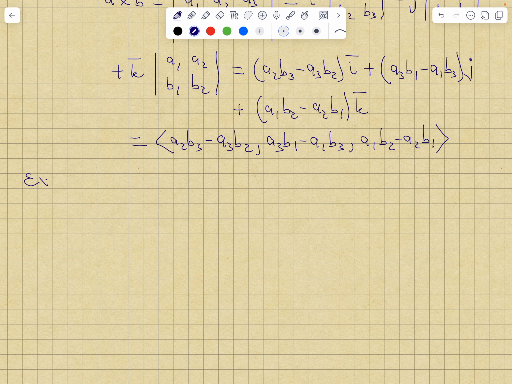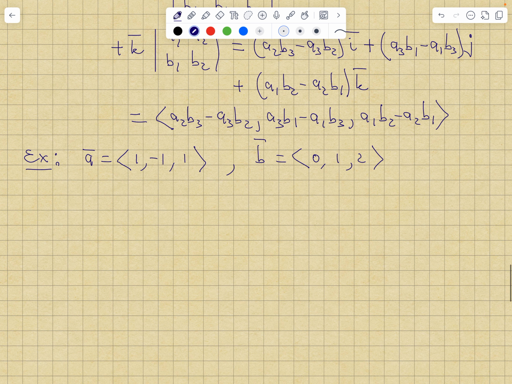So if I have two vectors, maybe A with components 1, minus 1, 1, and B with components 0, 1, 2, then A cross B is the determinant with rows i, j, k; 1, minus 1, 1; 0, 1, 2.